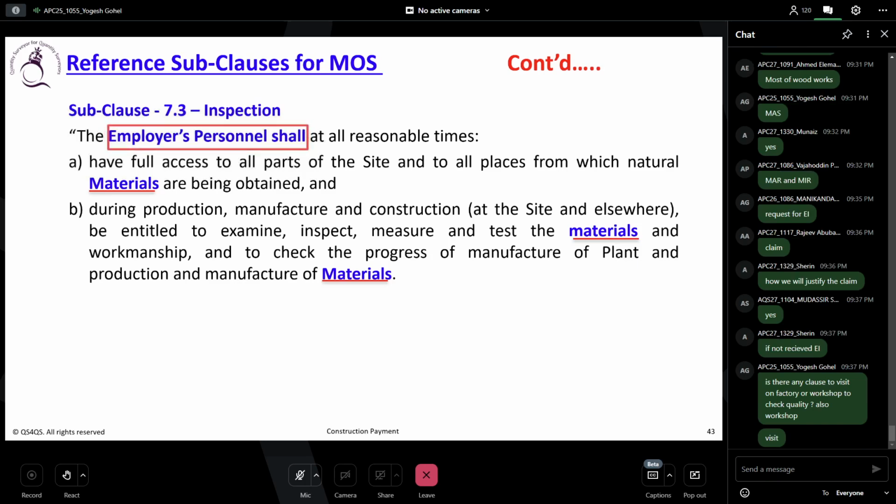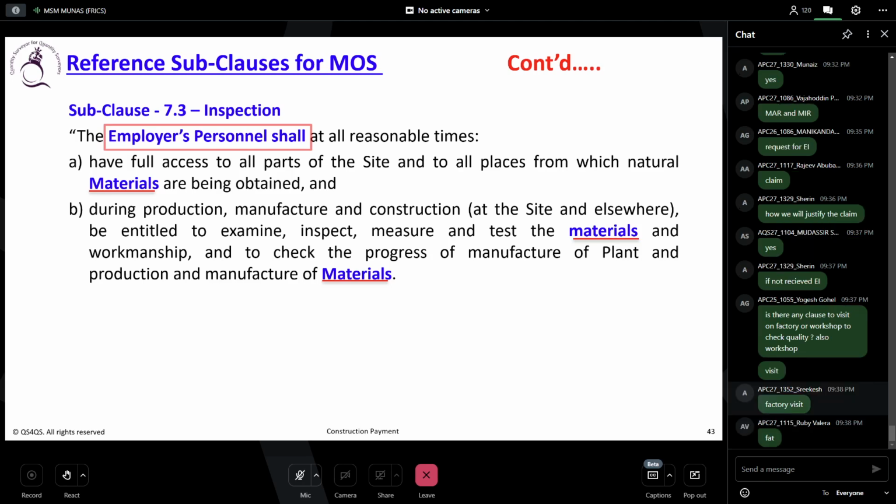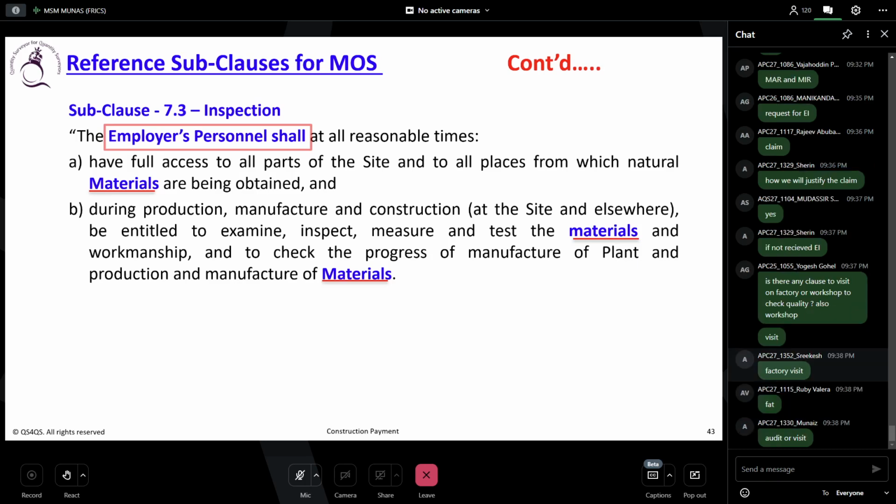The main cost is to visit the factory or the place. The factory may be local or abroad, right? We don't know. If it is abroad, then you have to look carefully at the flight, accommodation and associated costs to arrange that kind of factory visit. How many people are going? Because you can't just bring the employer's entire family, isn't it? You have to confirm how many people.